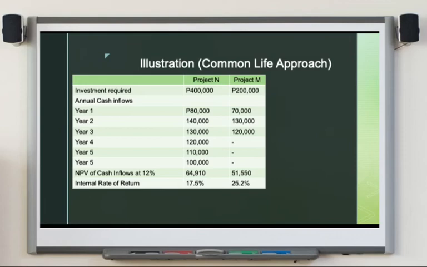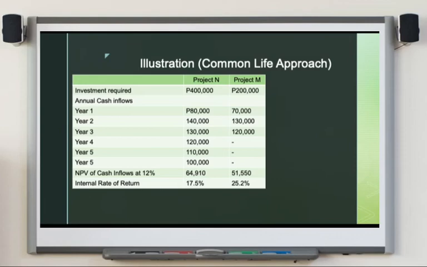Now, if we further analyze the two options, Project N has a higher investment requirement at the initial stage as compared to Project M, which is only half of the requirement. So it seems like if we have the capacity to invest in Project N, we can simply double Project M to get a higher rate of return.